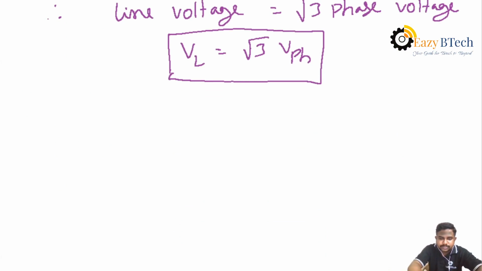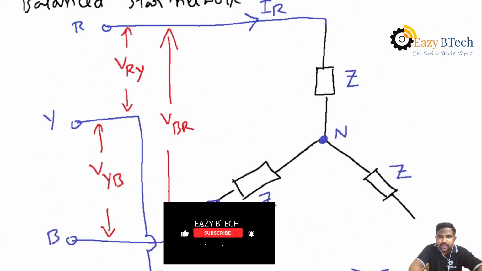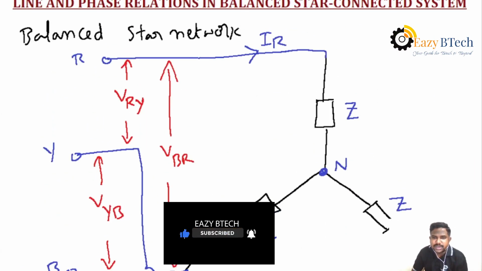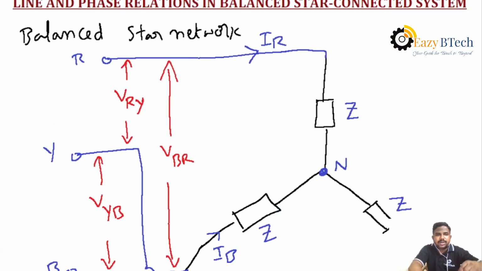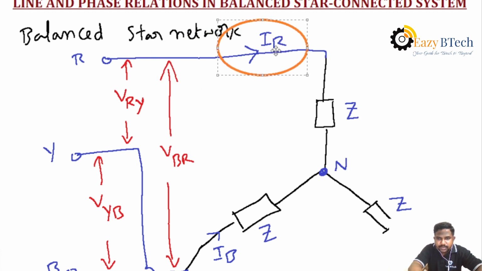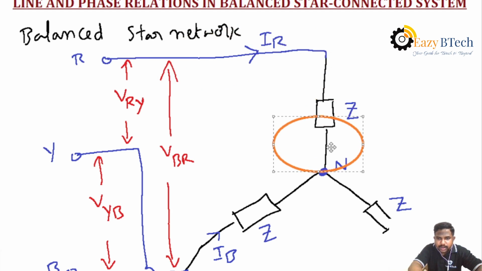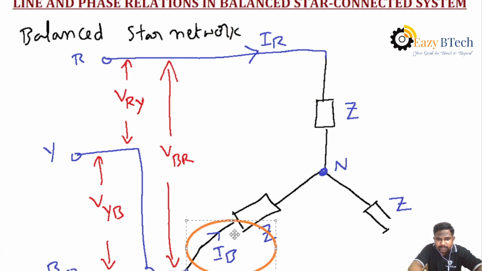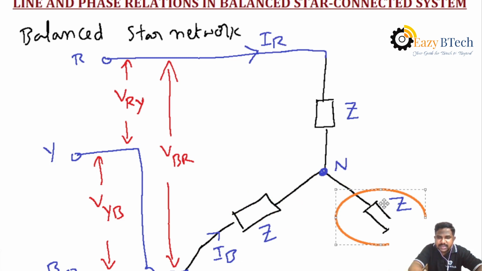Similarly, when we are observing the star connection here, this is the R phase, for which we consider the current IR, up to N. Similarly, this is the B phase, current IB, and the Y phase current is IY.